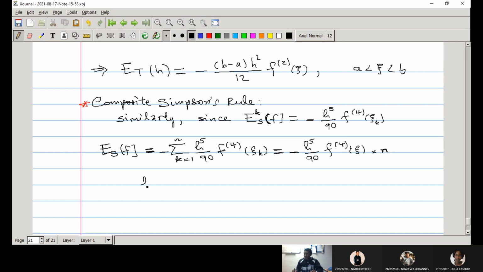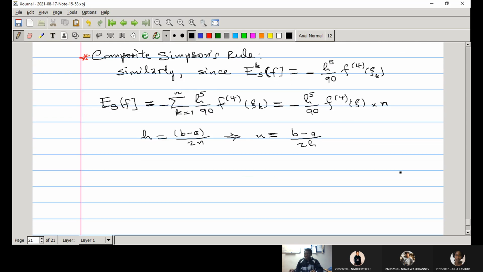Now, our h is b minus a by 2n. This is what I was talking about, a factor of 2. So from this, you can see that the n that we have here is half this. So n will be b minus a by 2h. So that's the 2 that we multiply our 90 by to become 180. So always bear that in mind. That's 2 here.